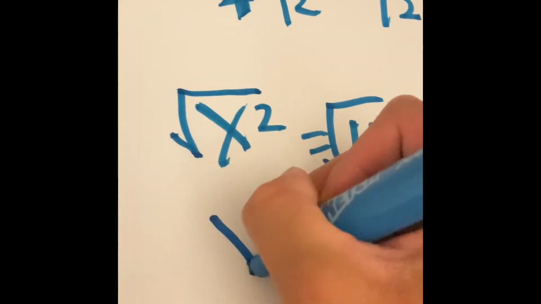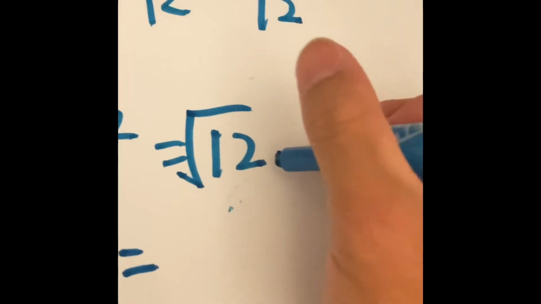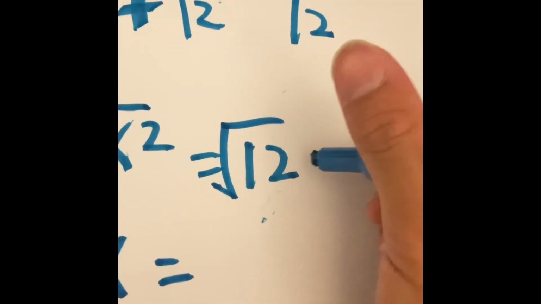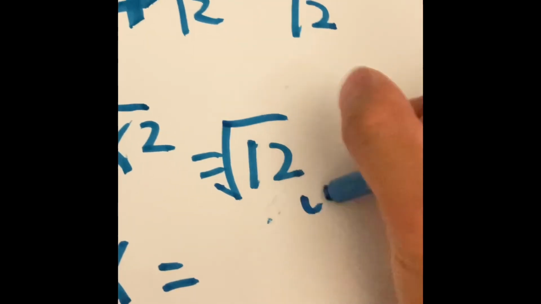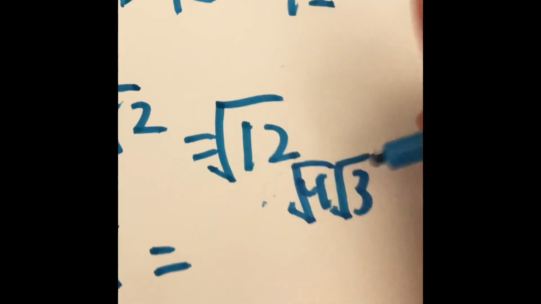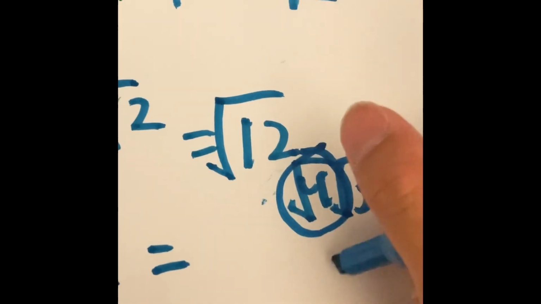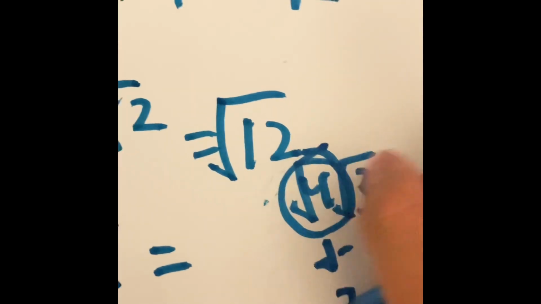When we do that, we get x equals, 12 is not a perfect square. So we can pull out 4 and 3 as square roots and try to figure out which is a perfect square. If 4 is a perfect square, we can take it out to form a 2.